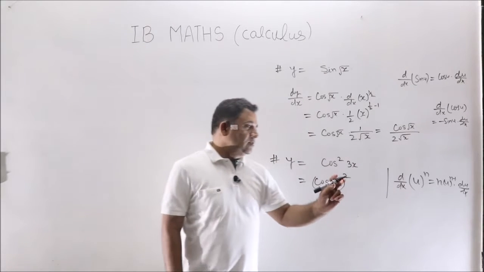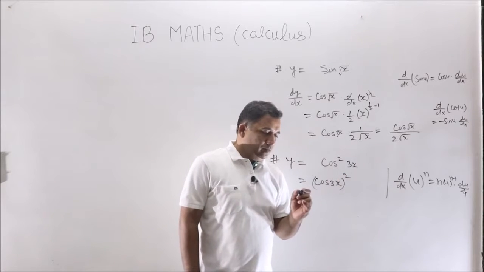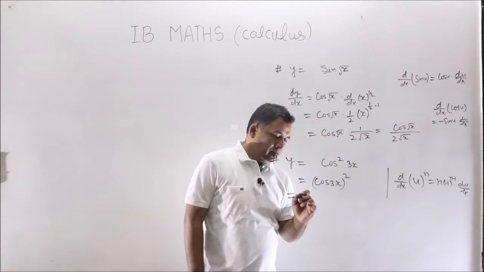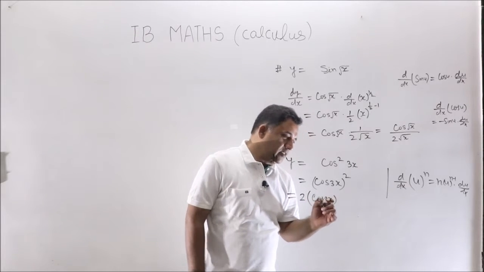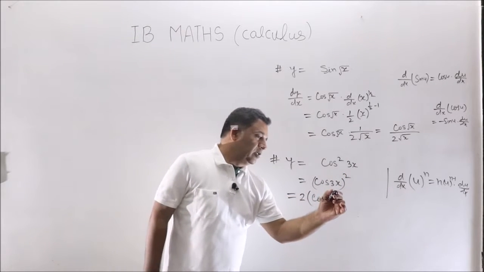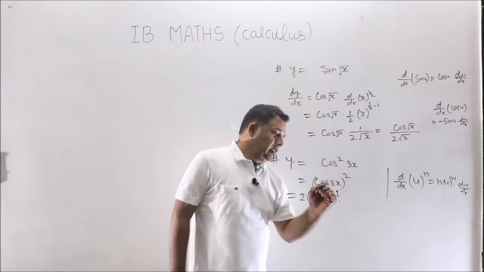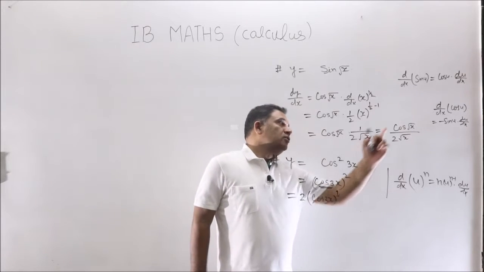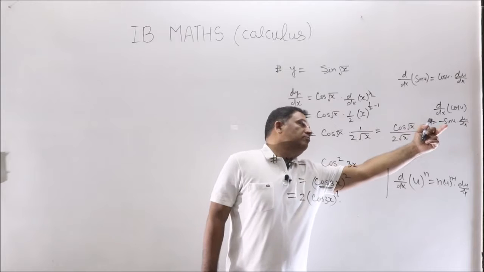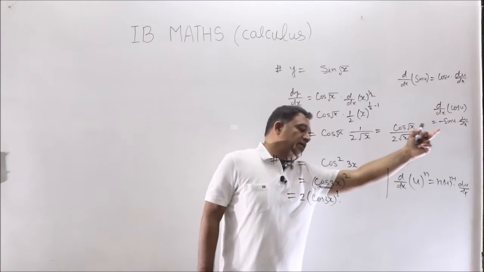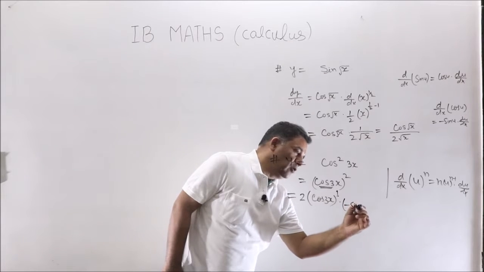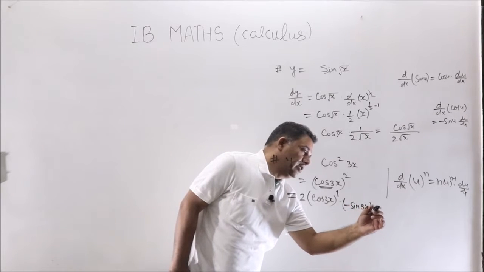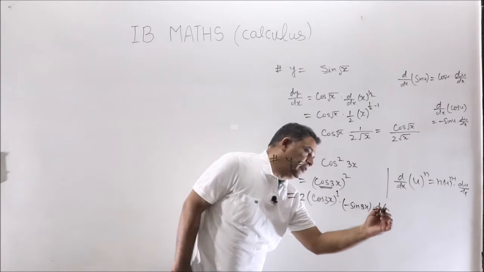So cos 3x raised to power 2. We break it: 2 is outside, cos 3x with the power reduced by 1, times the derivative of cos u, which is minus sine u times du by dx. So we have minus sine of 3x times the derivative of 3x.